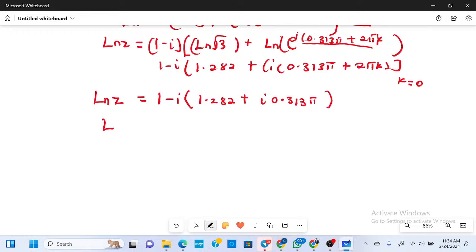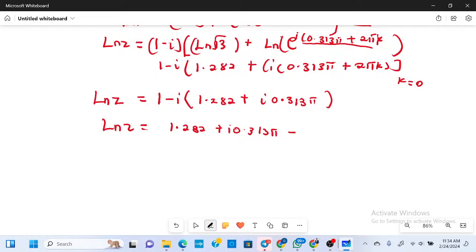So here ln z will be equal to, I'll do this multiplication: 1 by this, I'll get 1.282 plus i 0.313 pi.